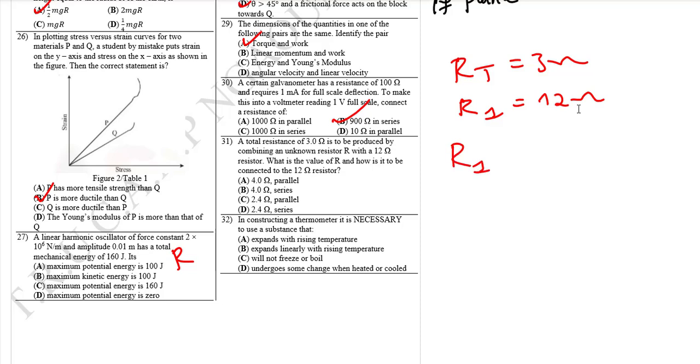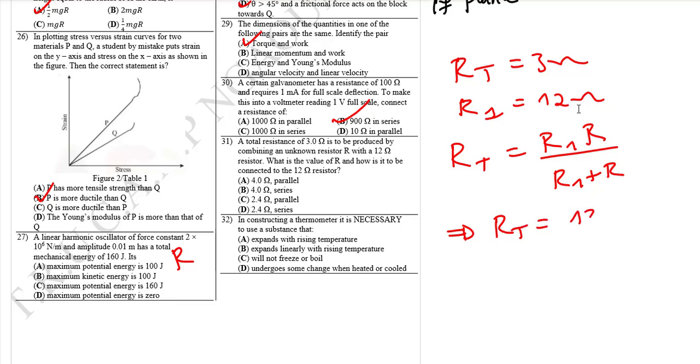So let the unknown resistance be a certain R. So it means the total resistance will simply be R1 times R divided by R1 plus R, since they're connected in parallel, because we clearly see that the total resistance is smaller than the resistor of one resistance. This means that R total will be equal to 12R divided by 12 plus R, but our R total is 3.